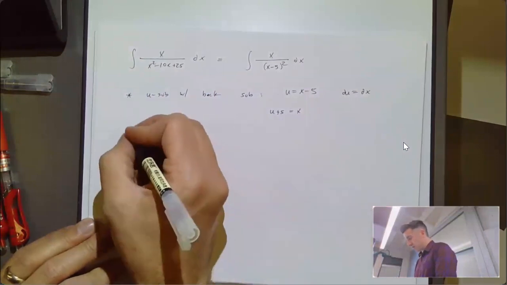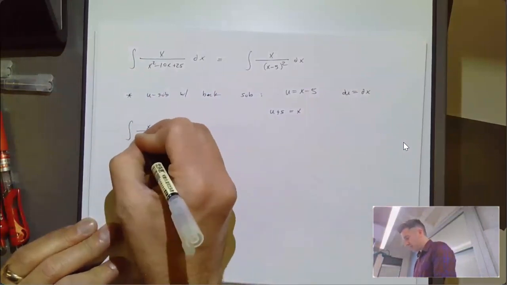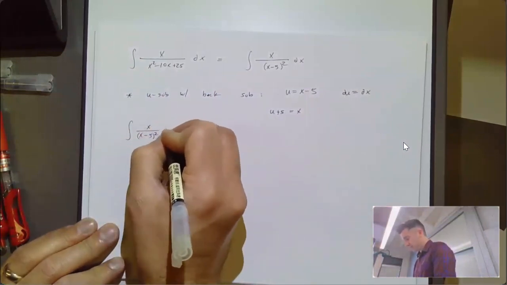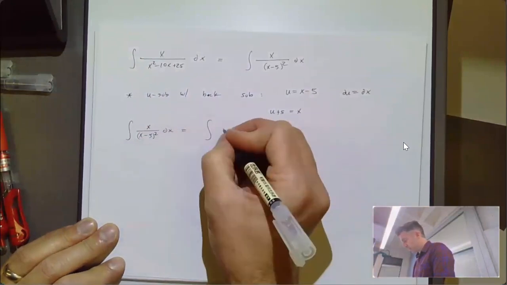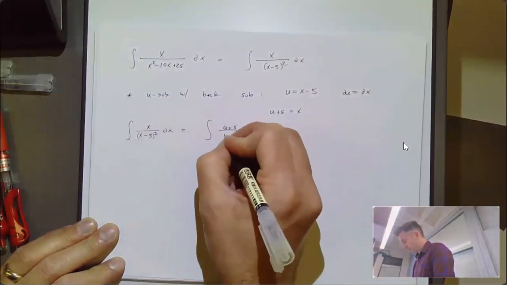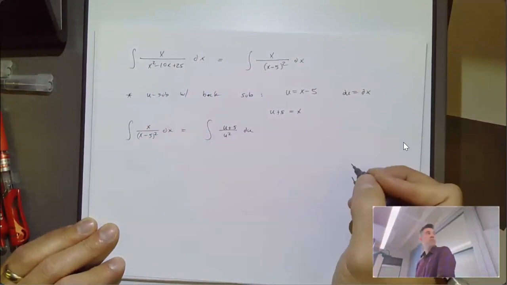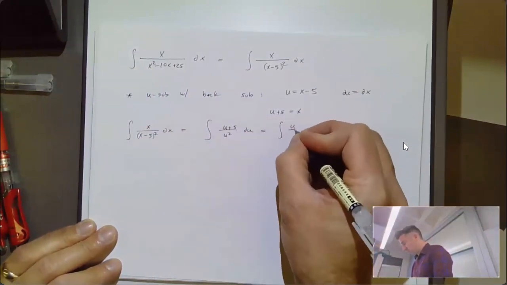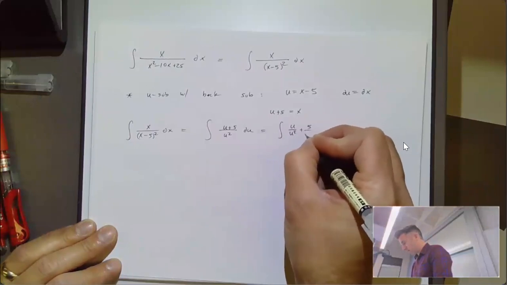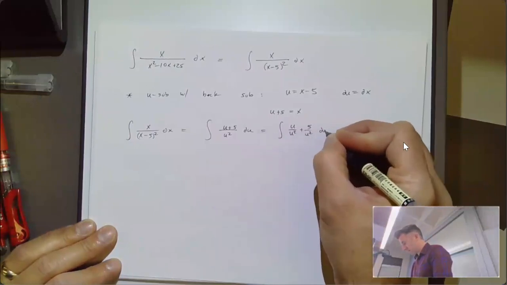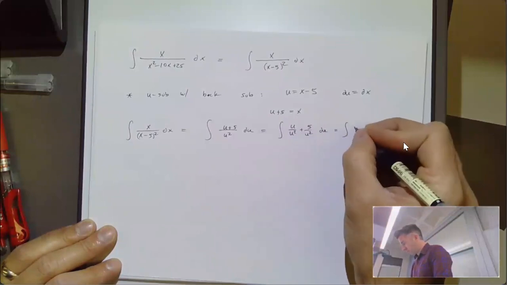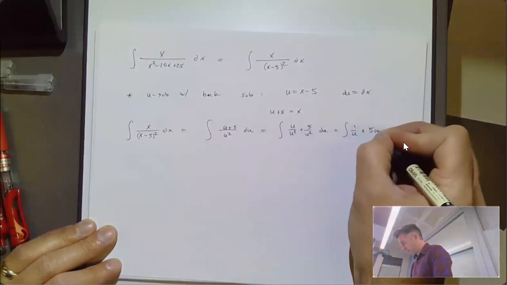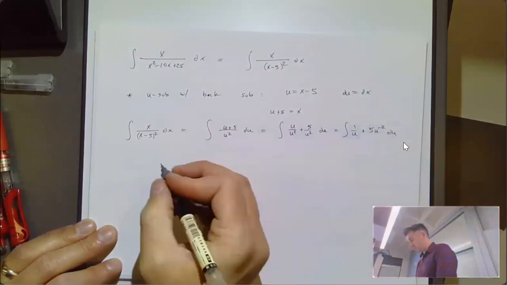So we can rewrite the integral as the integral of u plus 5 over u squared du. And then we could simplify this as u over u squared plus 5 over u squared du, which becomes the integral of 1 over u plus 5u to the -2nd. And then we can just anti-differentiate that.